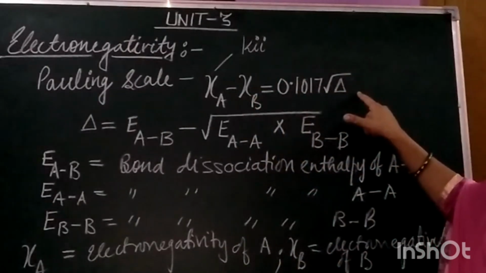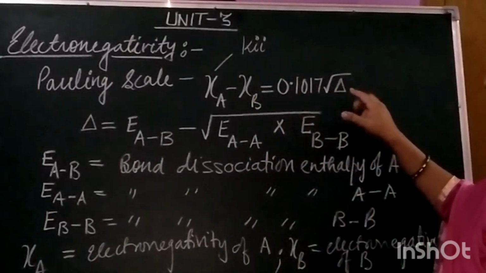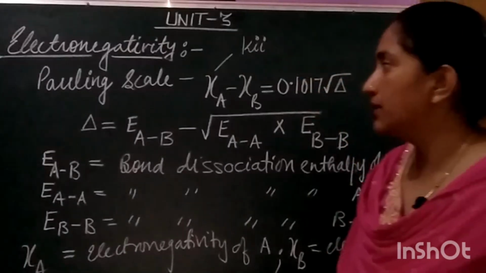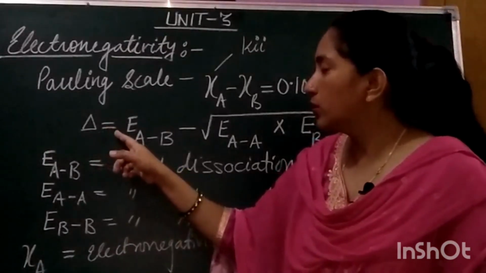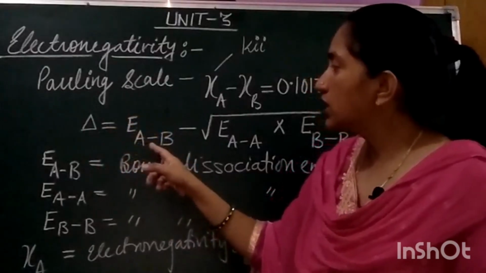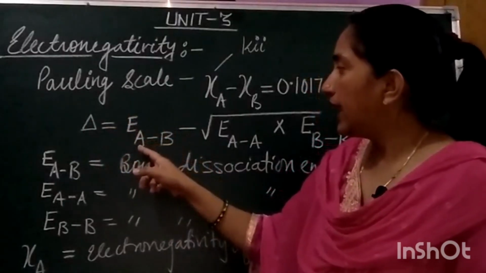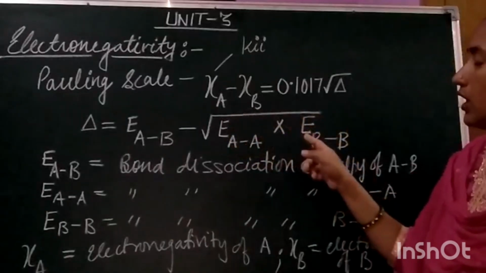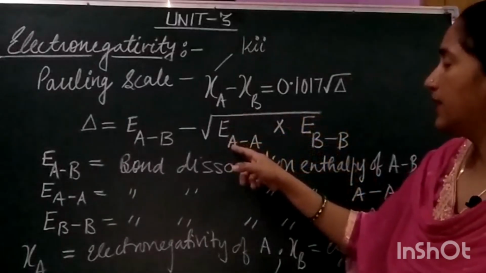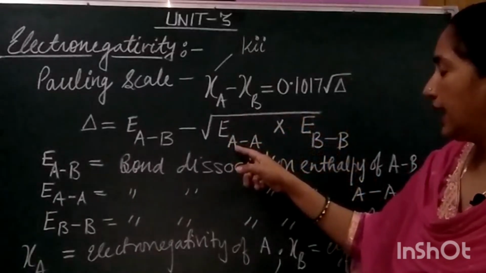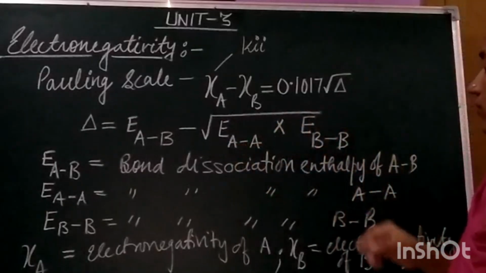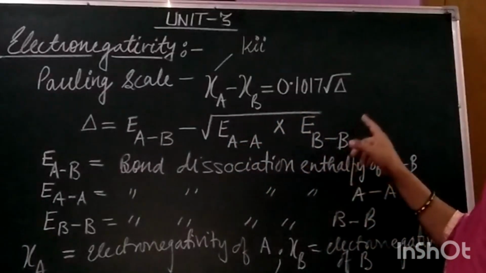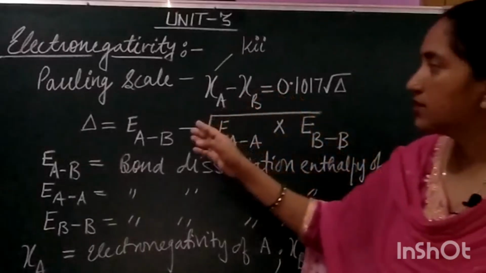If we know the value of delta, we can find the electronegativity difference between the two elements, and delta is equal to the bond dissociation enthalpy of the A-B bond minus the square root of the product of the bond dissociation enthalpy of the A-A bond and that of the B-B bond.